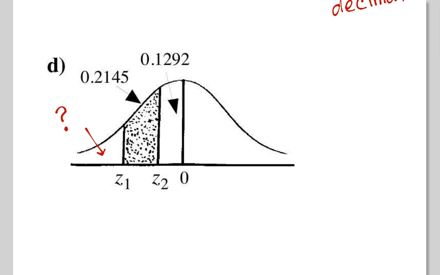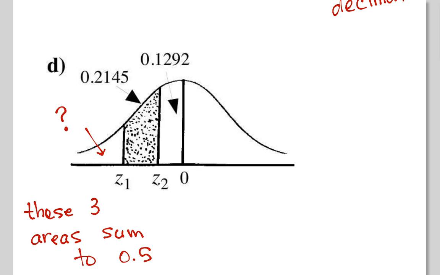So this missing piece is just start at 0.5 and take off those 2. Because those 3 sections add up to 50%. These 3 areas sum to 0.5.